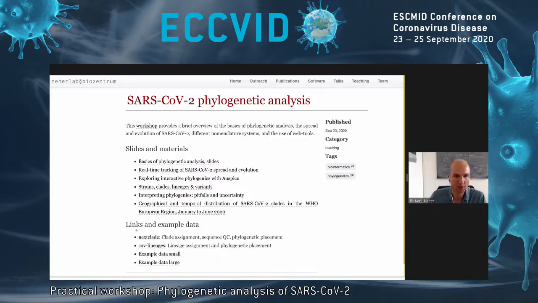We'll start with an introduction to a tool called NextClade. It's essentially a browser-based tool that allows you to do some rudimentary phylogenetic analysis, plus shows you various features about your sequence data. If we click on this link here, this is part of our overview page.